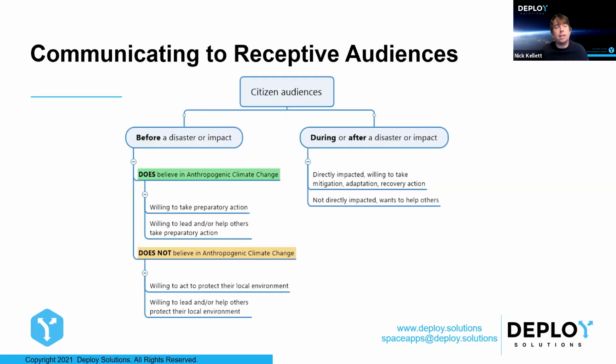And so we think that there's the other audience, which is during or after a disaster impact: people who are directly impacted, willing to take mitigation, adaptation, and recovery action, or who are not directly impacted but are willing to help others, especially in communities, are a receptive audience to a solution. So we think that these are key audiences that we could look at when building any solution, and we are going to take this into account when we show you some of the things later on.